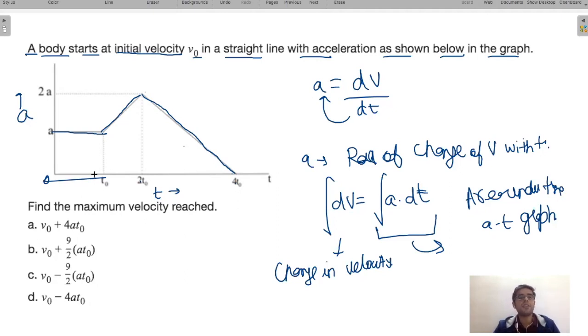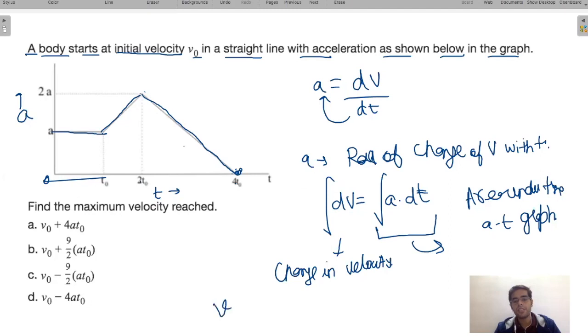Why will it increase? Because acceleration is the rate of change of velocity with time. Although the rate of change of velocity with time is decreasing from 2t naught to 4t naught, still velocity will keep on increasing. So from the entire 0 to 4t naught, velocity will keep on increasing, and we will get the maximum velocity when we are at 4t naught, and that is how we need to find this.